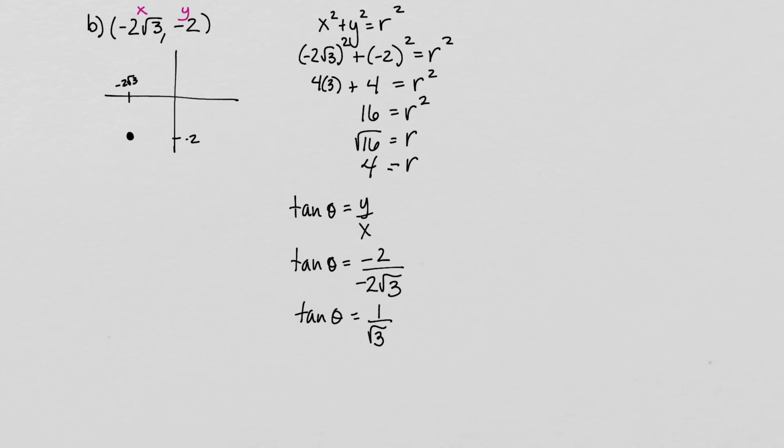So 7 pi over 6, right? So theta is going to be 7 pi over 6. So our point here is going to be our r value, r, comma, our angle, 7 pi over 6.